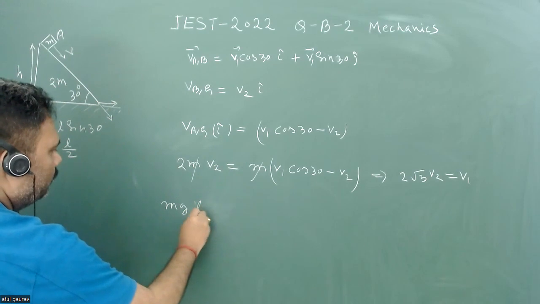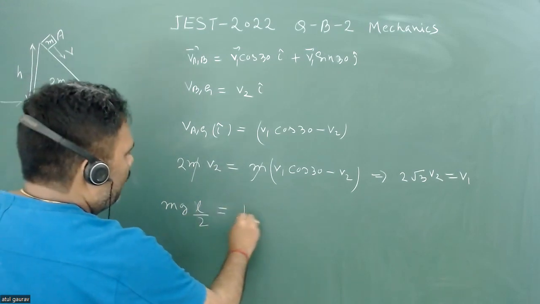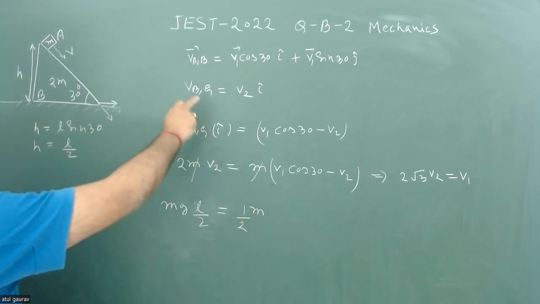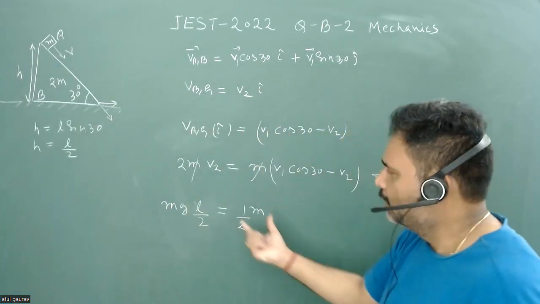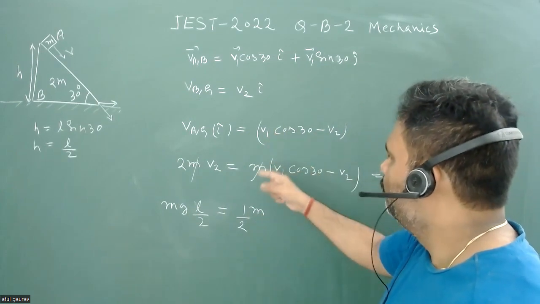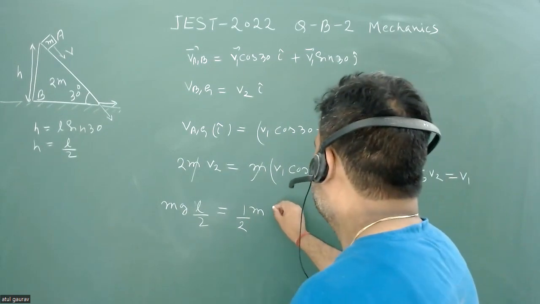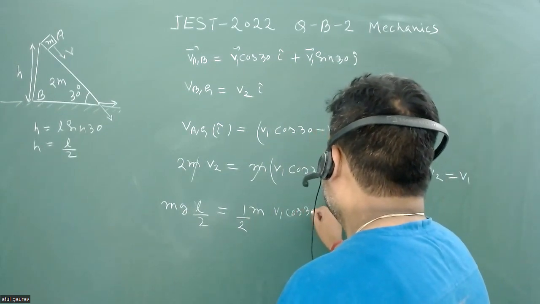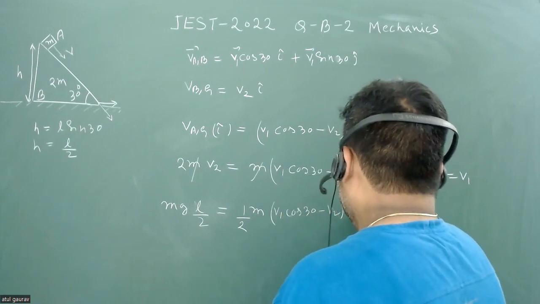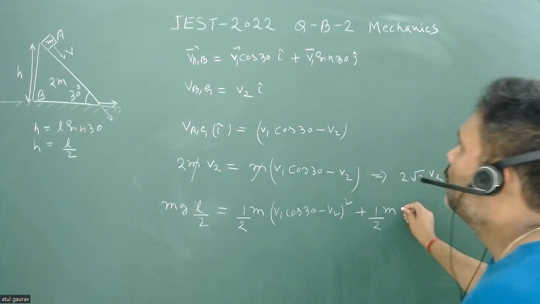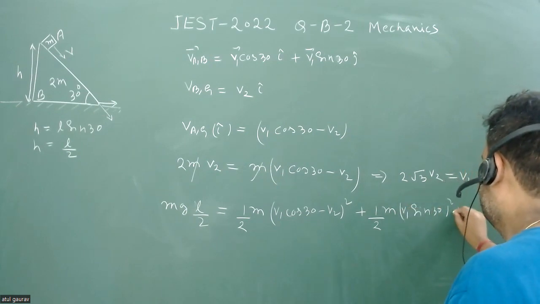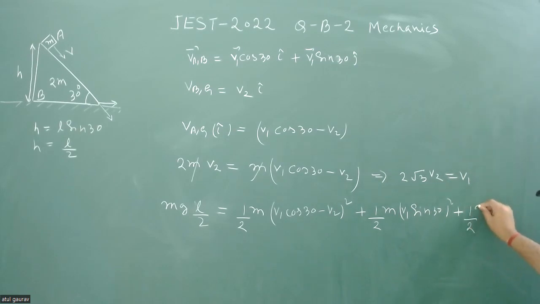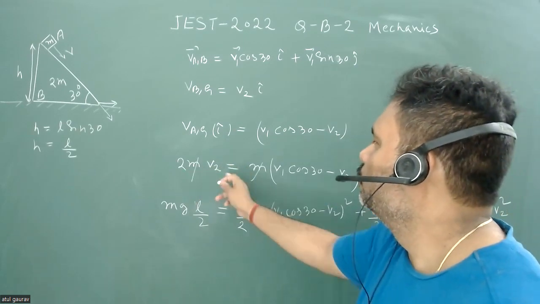This equals half m, taking everything with respect to ground, times V1 cos 30 minus V2 whole square, plus half m times V1 sin 30 whole square, plus half times 2m times V2 square.